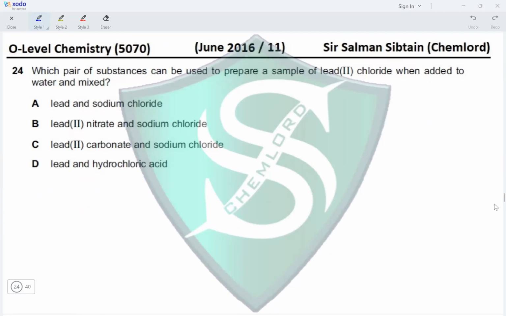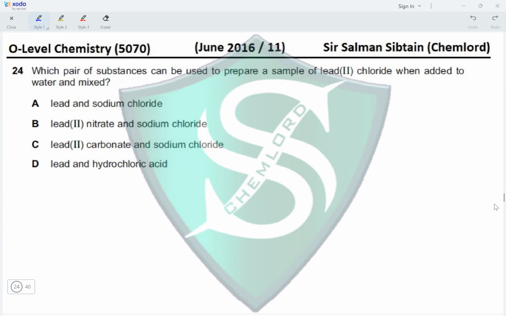Which pair of substances can be used? It is also possible that instead of an acid we could use a source of chloride which is also soluble. So two soluble substances reacting to produce an insoluble salt. That is our way to go in order to prepare lead(II) chloride.